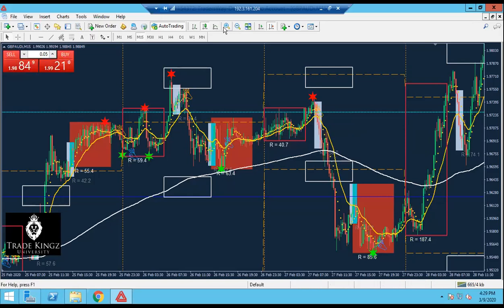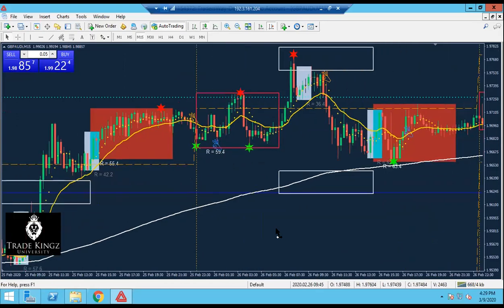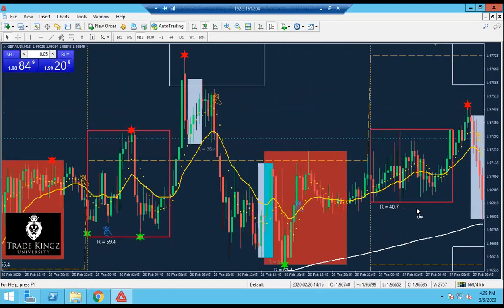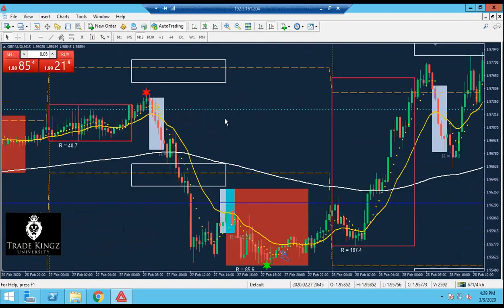Let me zoom in some. The 27th. So the entry signal was right here. So this one opened and it closed away from the 18 EMA.